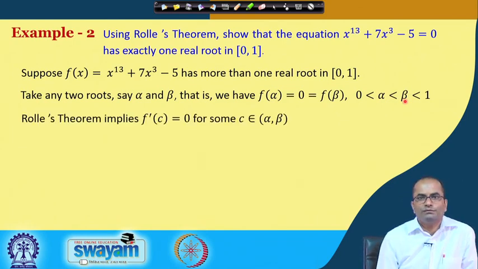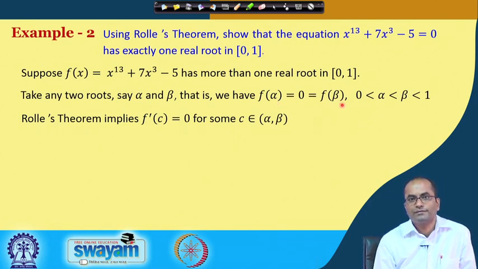Now, if we apply Rolle's theorem to the interval alpha and beta, it says that there will be a point c where f'(c) will be 0, because the function takes an equal value at alpha and beta.